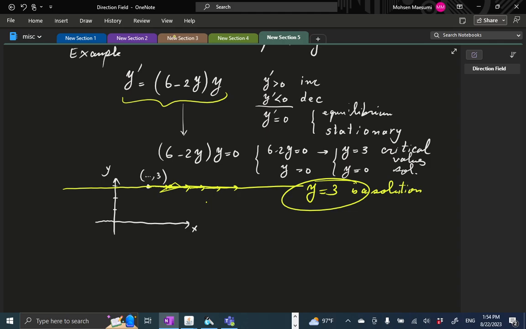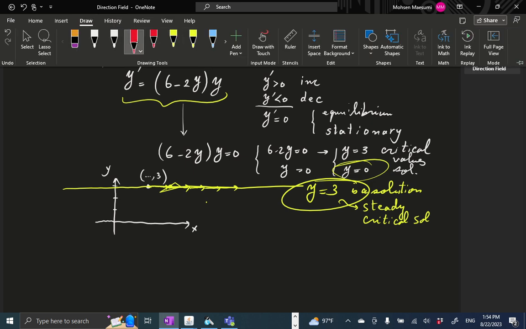Given that it's always constant, it's called a steady state solution, steady solution, or sometimes called the critical solution. Is there another critical solution? Yes. The other one is just y equal to 0. So I have another critical solution. Let's color it in red.